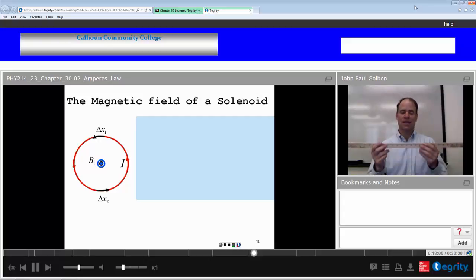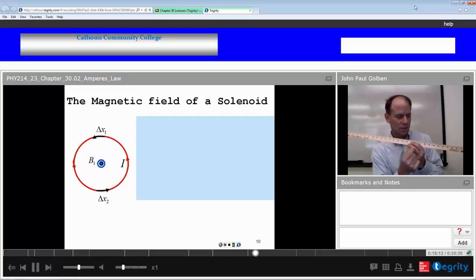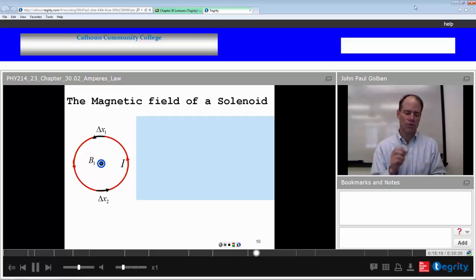But if I had a wire and I was pretty close to the wire, then as far as my perspective is concerned, the wire is looking pretty infinite to me. So in cases where you're relatively close to some wire segment, then Ampere's law and the formula for an infinitely long wire is a very, very good approximation for the magnetic field at that point.